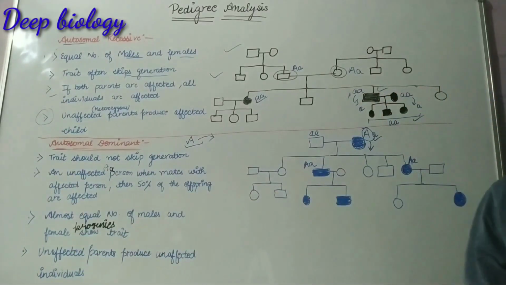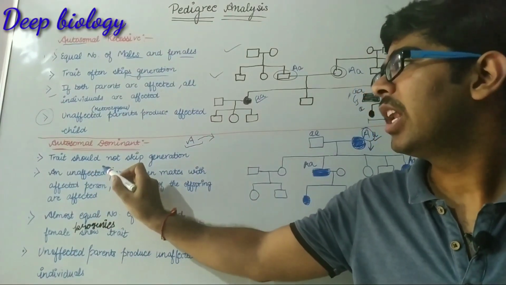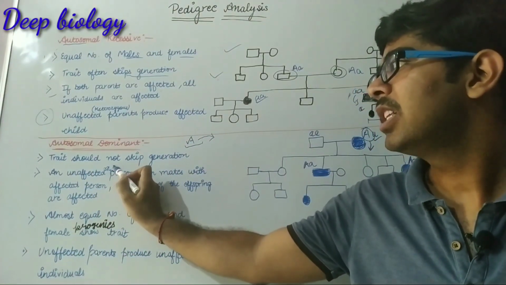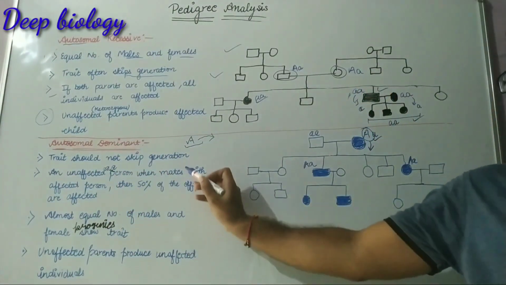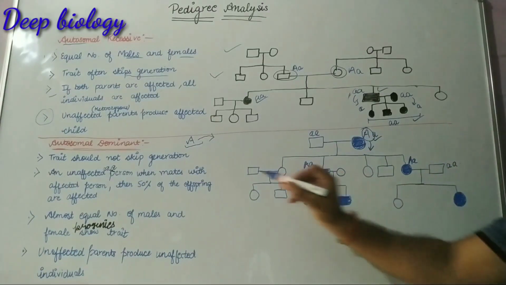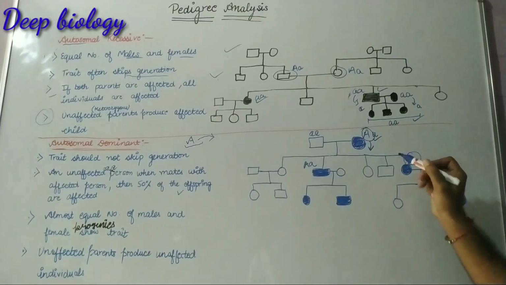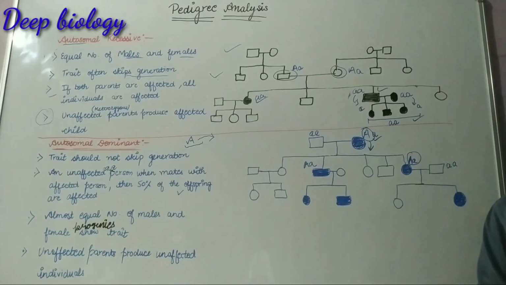When an unaffected parent having small a small a genotype is mated with an affected parent, then 50% of the offspring are affected. This is possible only when the affected parent has the capital A small a genotype.